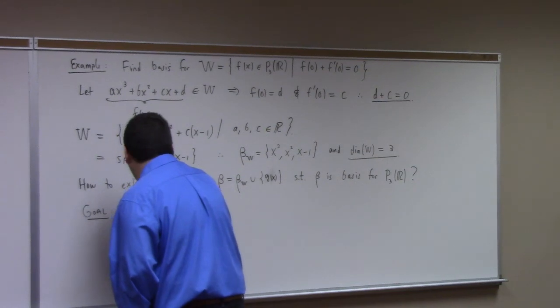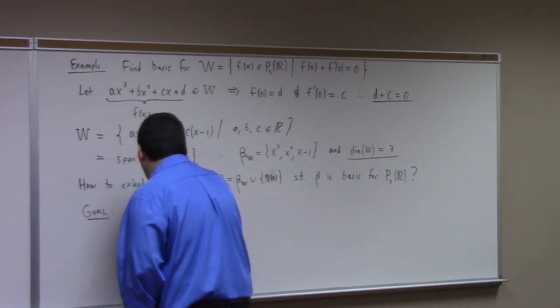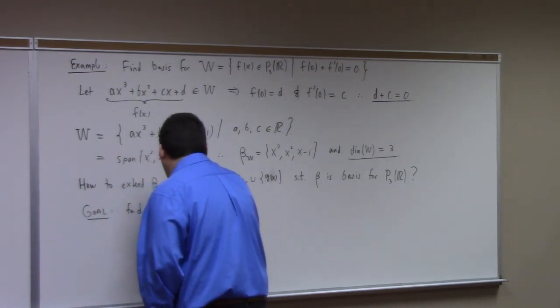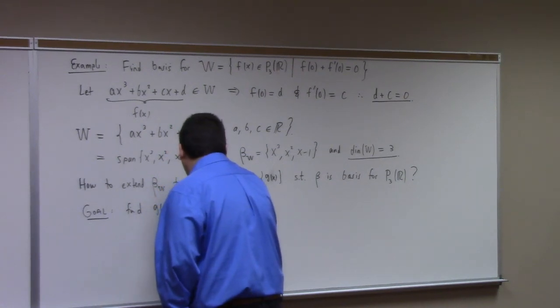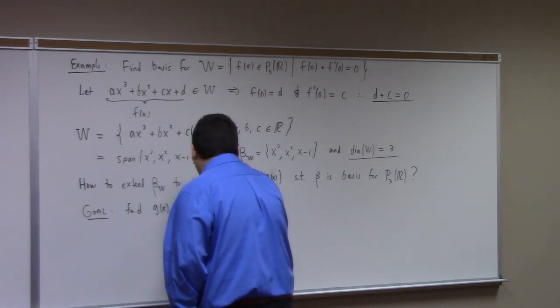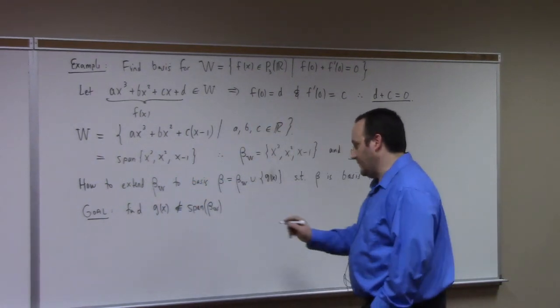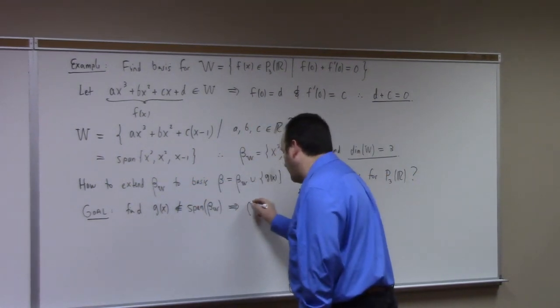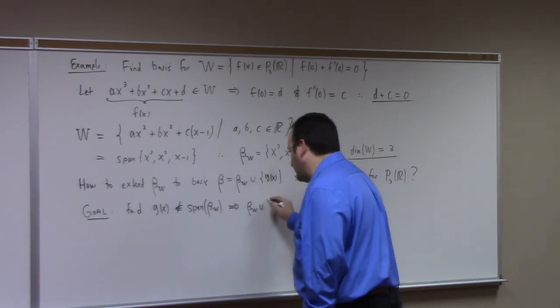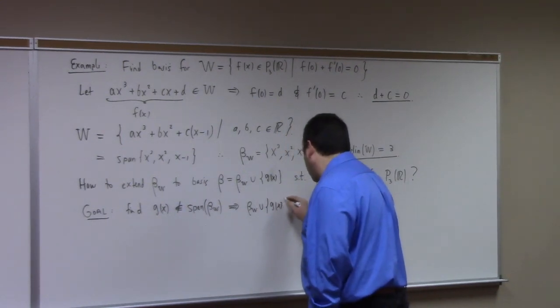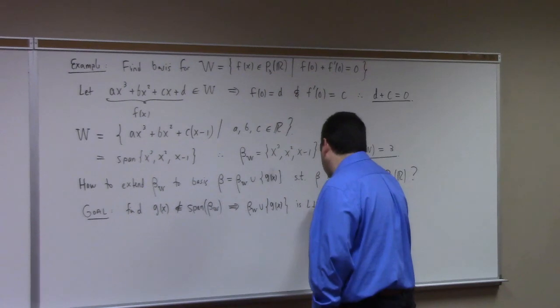Our goal is to find g of x, which is not an element of the span of beta sub W. That would imply that beta sub W union g of x is linearly independent.